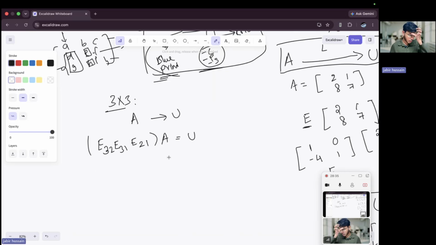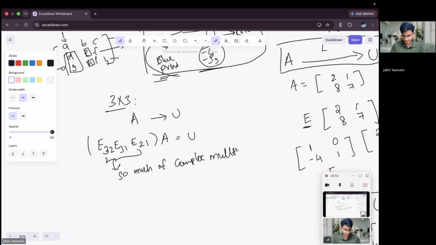Now the thing is, if I multiply this thing directly, it will give me so much complex multiplication. That is the first point.